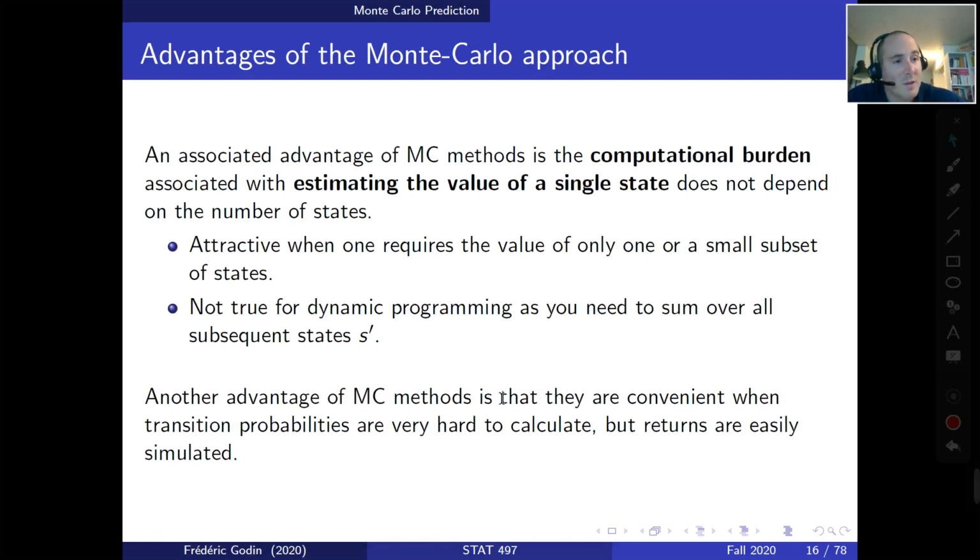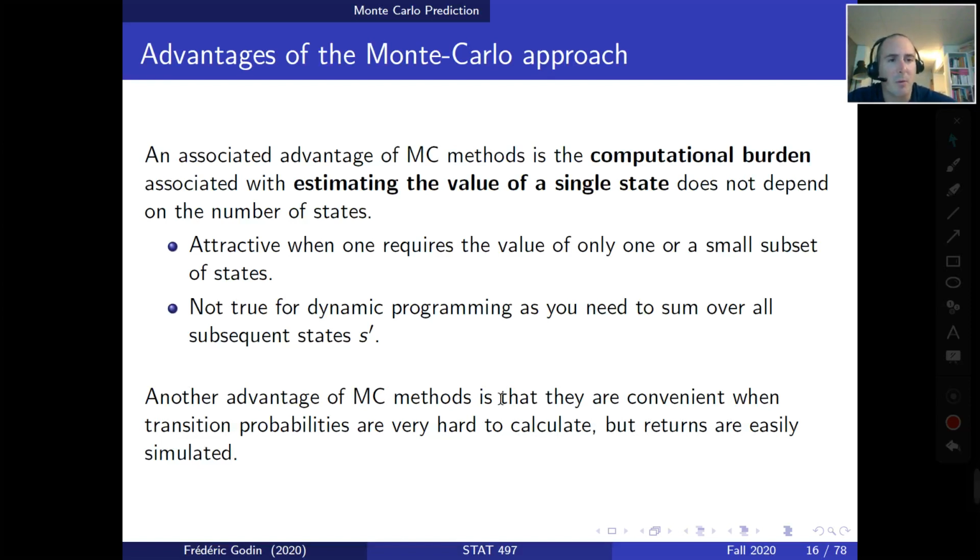As we mentioned earlier, another advantage of Monte Carlo algorithms is that sometimes transition probabilities are very hard to calculate, but the episodes can be very simply generated.